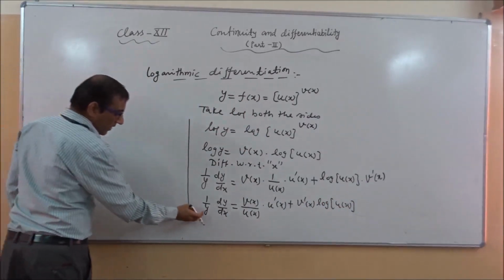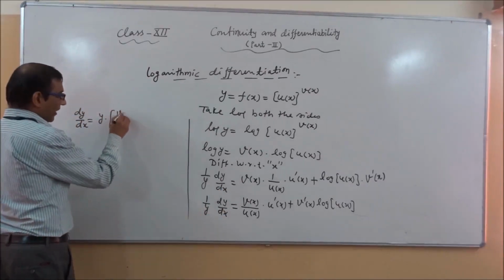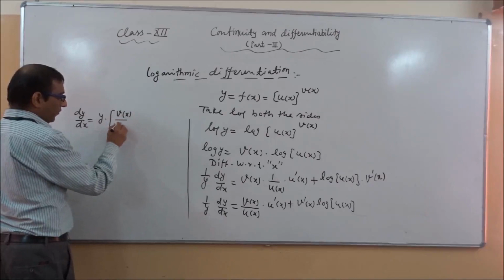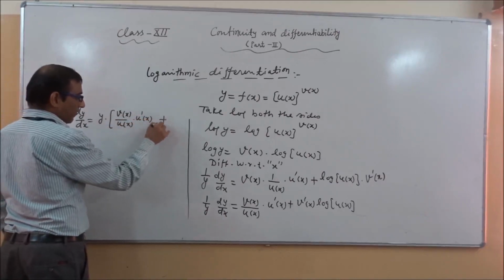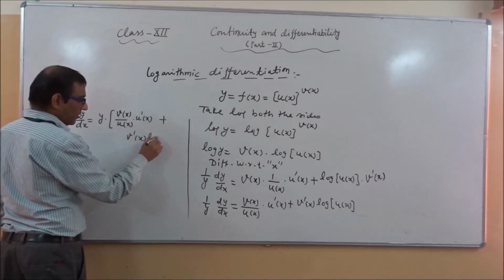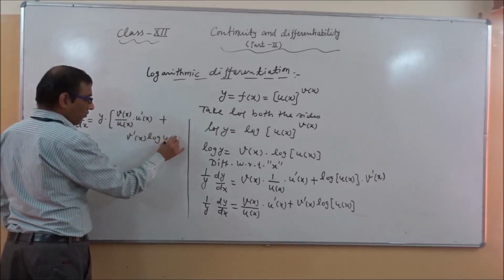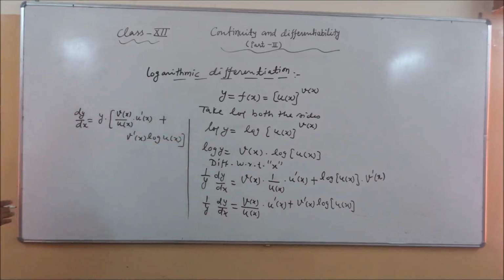Okay. After this we can say the value of dy by dx is equal to y into, we will multiply y on that side by the cross multiplication method, so that it becomes v upon u into u dash plus v dash log u. Again I am repeating, here v and u both are functions of x.